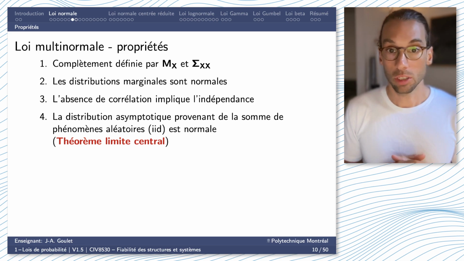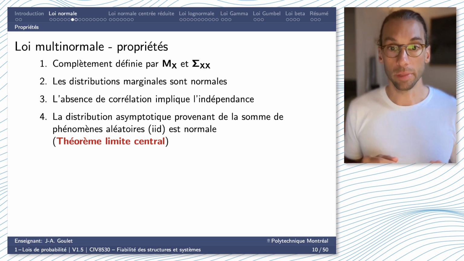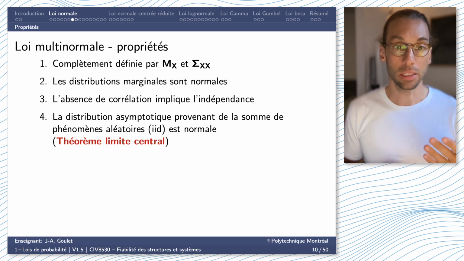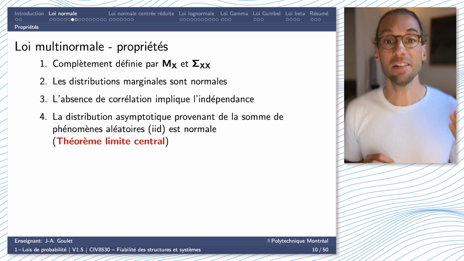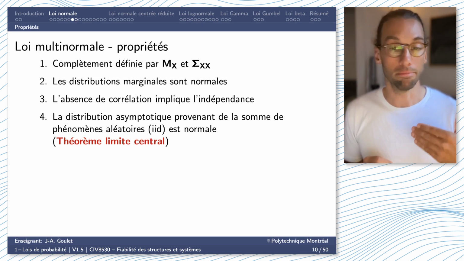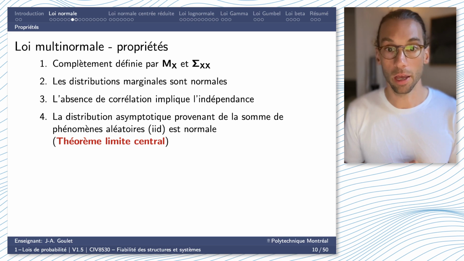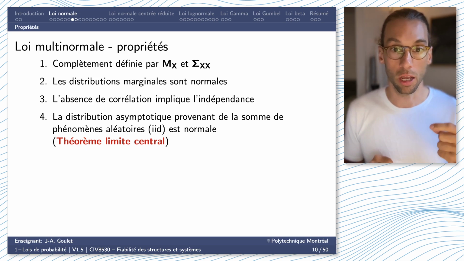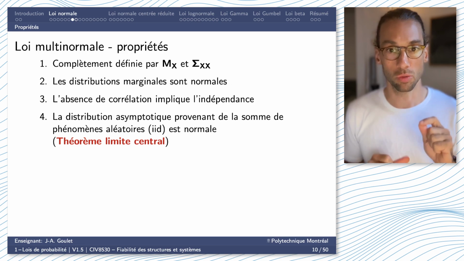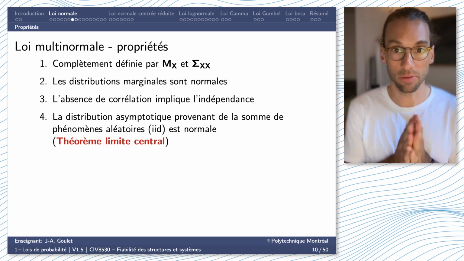We have a special property with the central limit theorem that says that the asymptotic distribution originating from the sum of infinitely many IID, so independent identically distributed, random variables is normal. So what it means, okay, I'm going to simplify this.